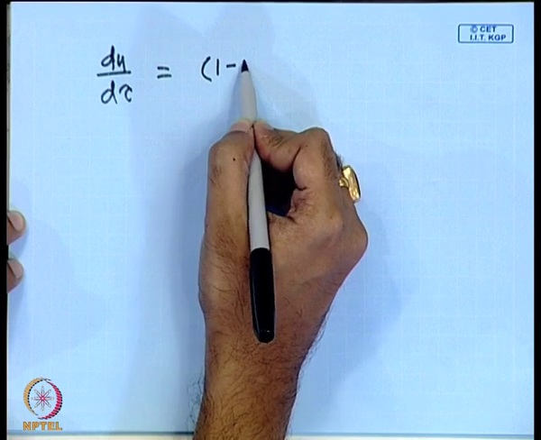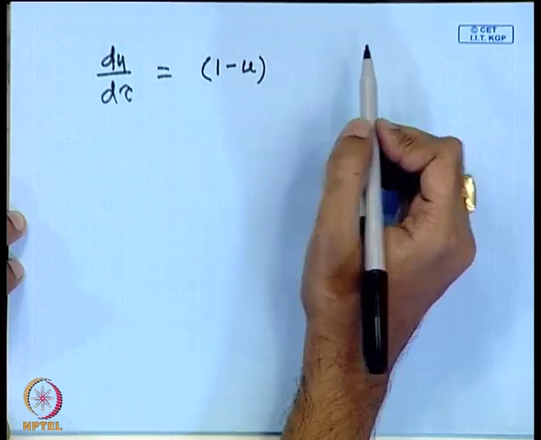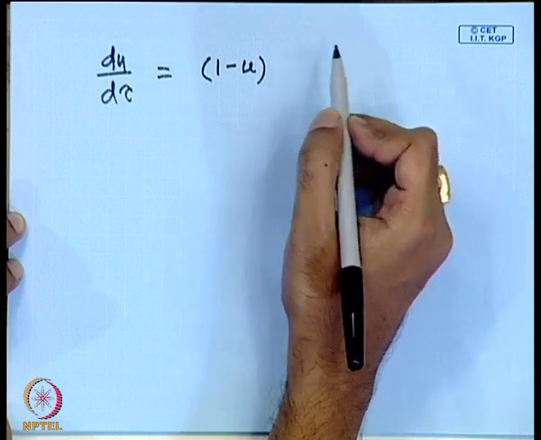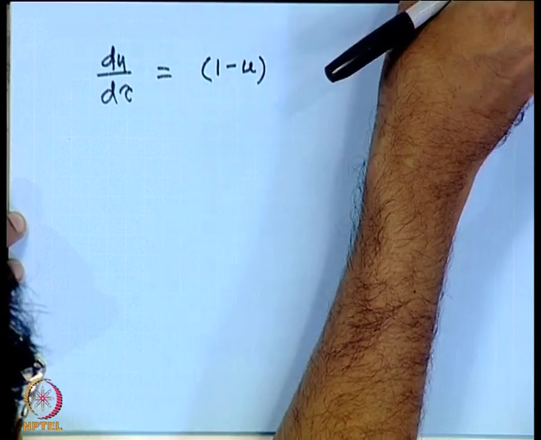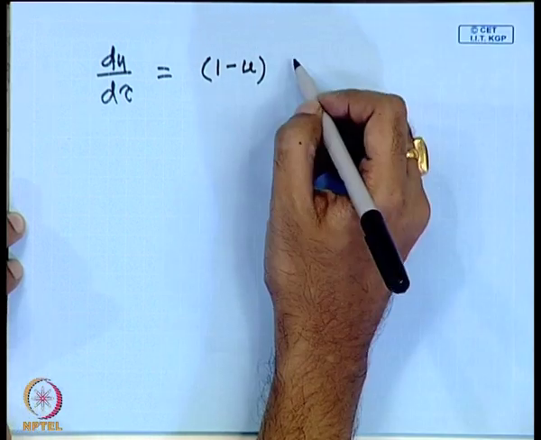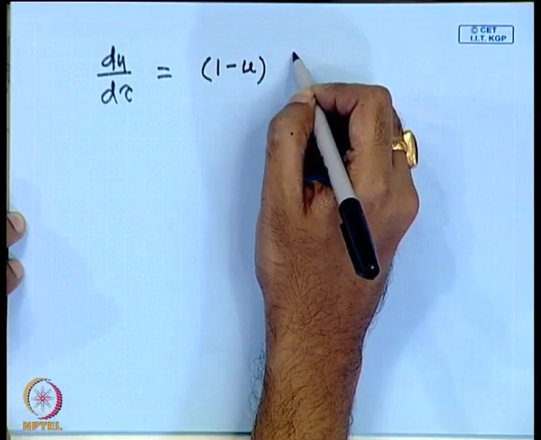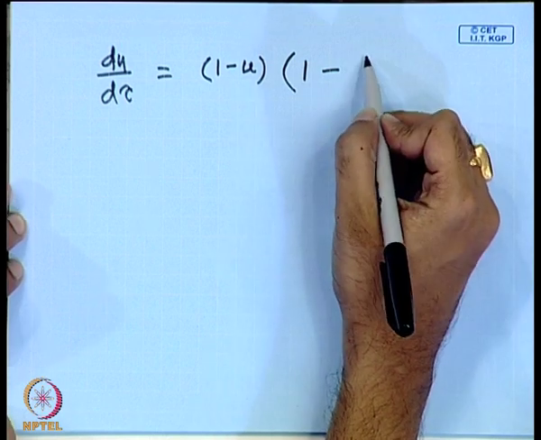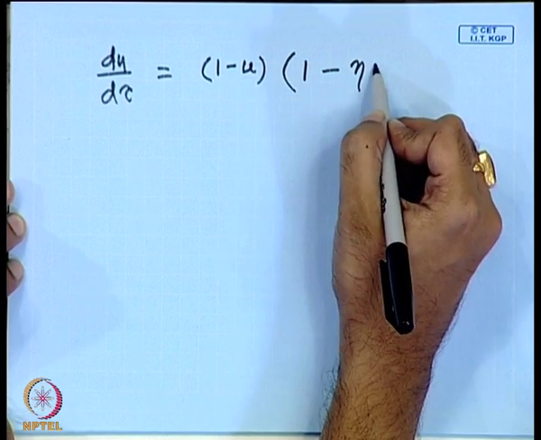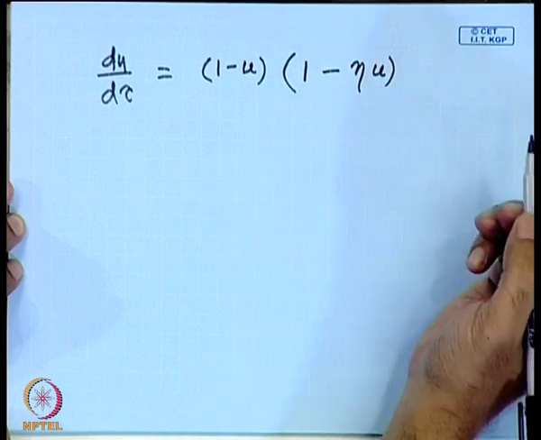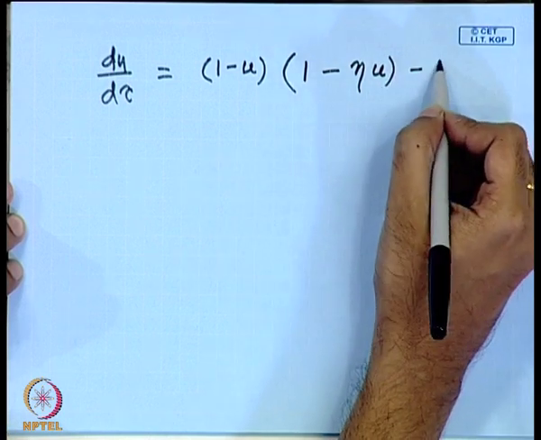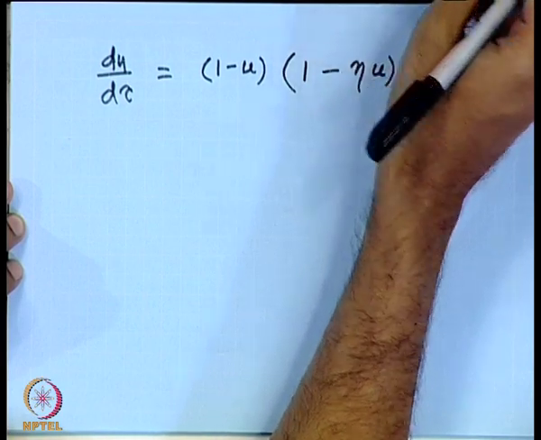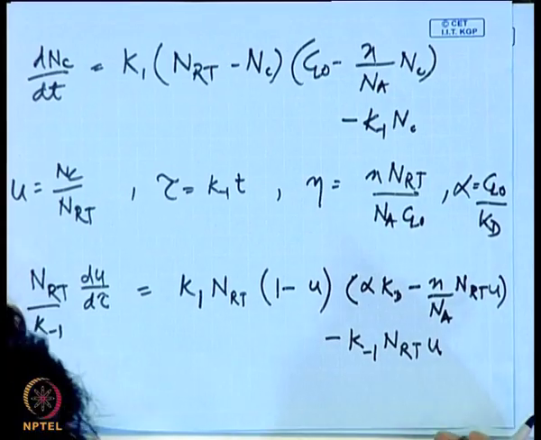The alpha will come in the outside here.